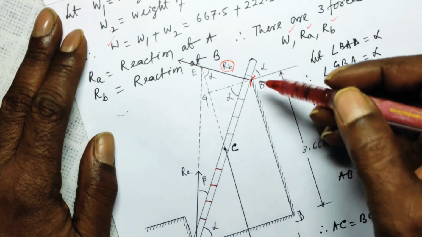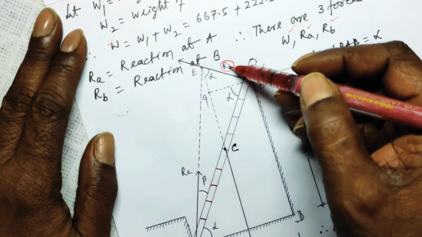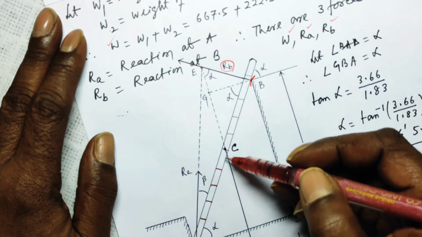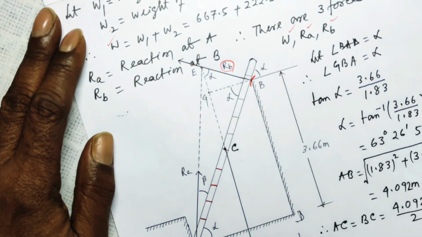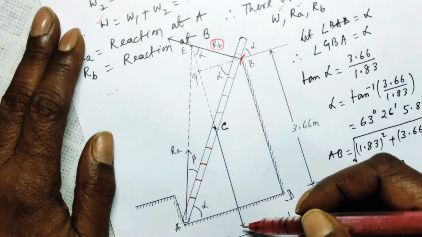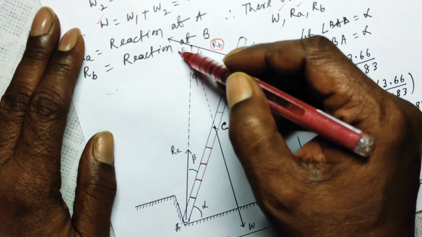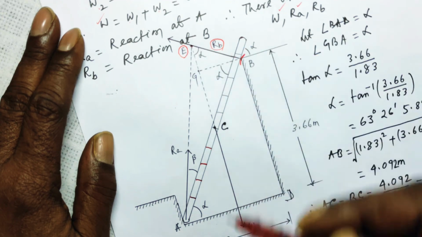Now, this line of action RB and the weight W, when produced, they meet at this point, which I have named E.